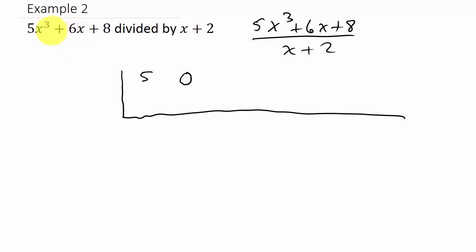So there's my coefficient of x cubed, coefficient of x squared. Now I need the coefficient of x, which is 6, and then I have my constant term, 8. Now what number goes here? If we look at this, see how that's a plus 2? So it's the opposite sign, minus 2.